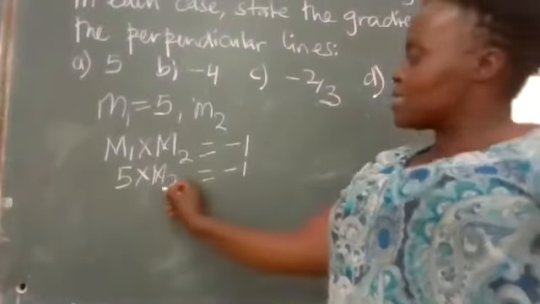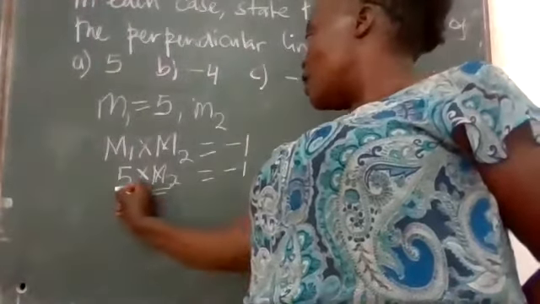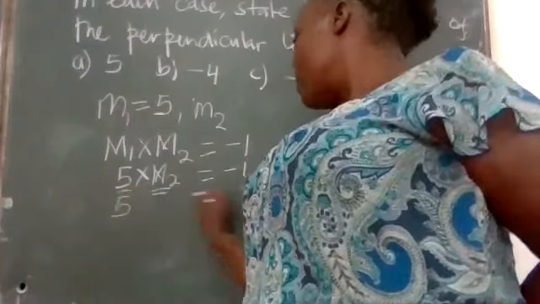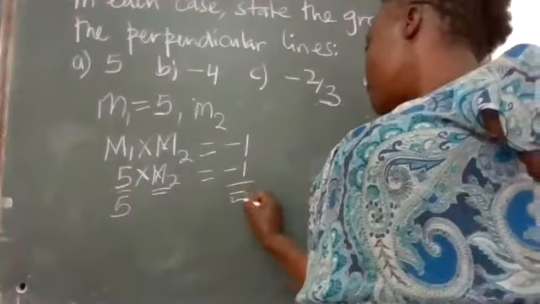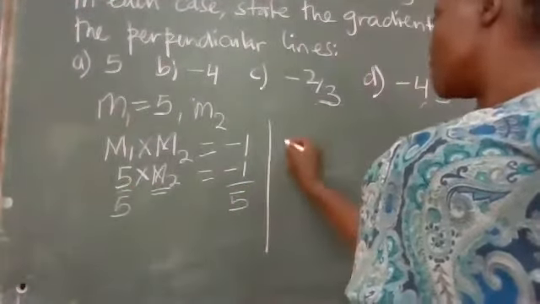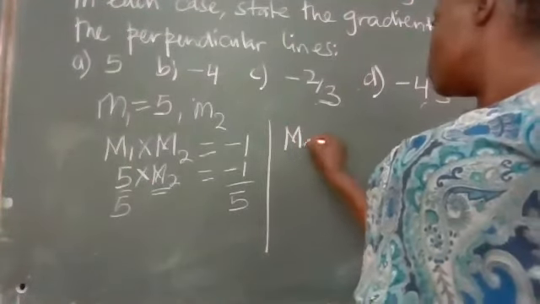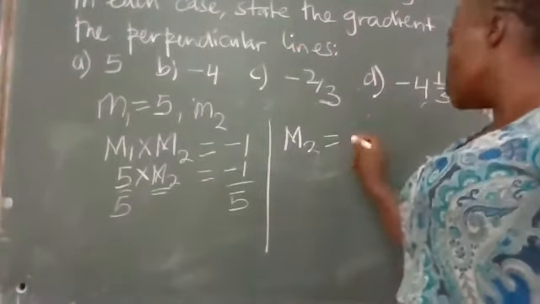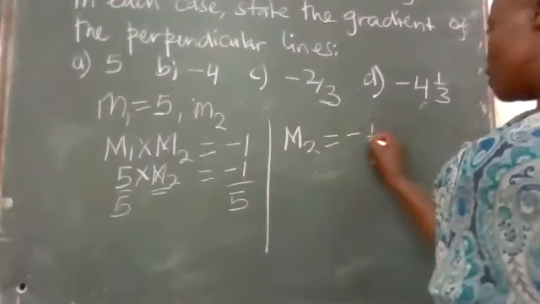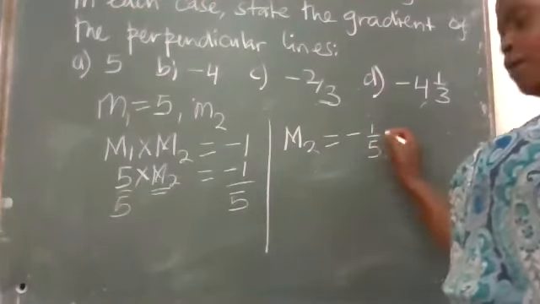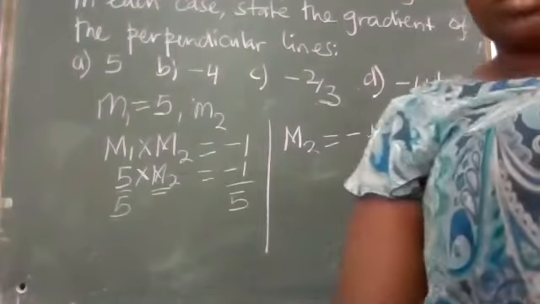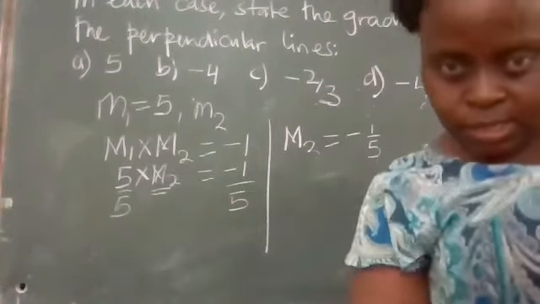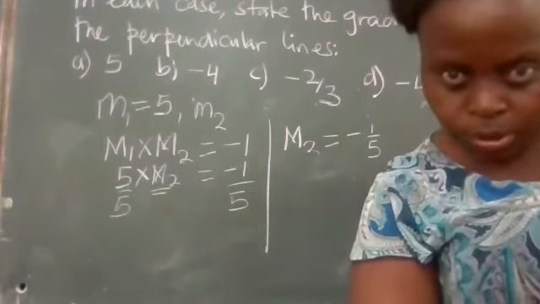If I'm interested in M2, then I'm going to divide both sides by 5. And my M2 is going to be equal to -1 over 5. And I think that's what Ntongo has told us. Thank you, Ntongo.